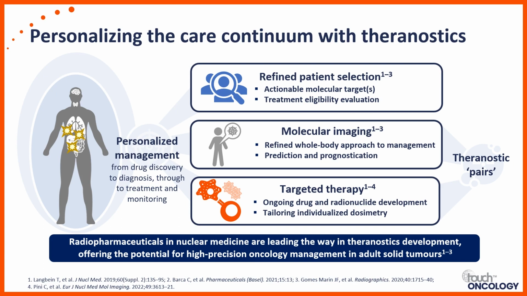type of therapy. And then furthermore, we are able to use that same target then to deliver the actual therapeutic radioisotope, which then will cause harm to those cancer cells and at the very least cause them to stop growing, but in an ideal model will actually cause some reduction in the tumor size. In either case, the goal is to extend the progression-free survival and the overall survival for that patient.